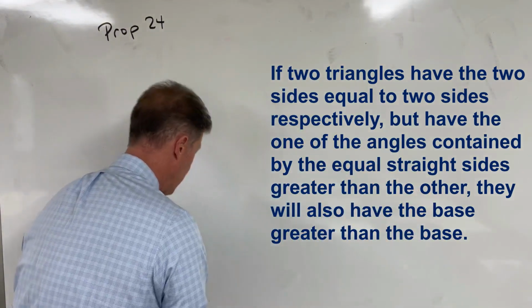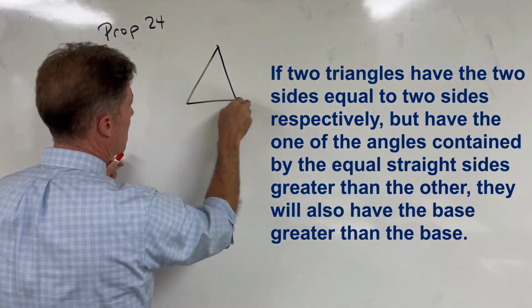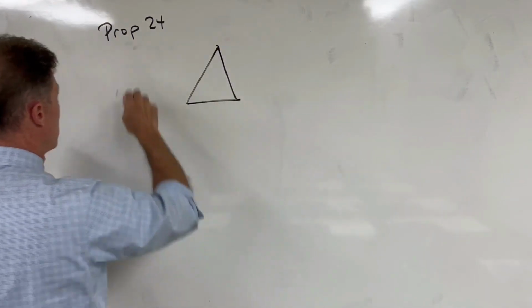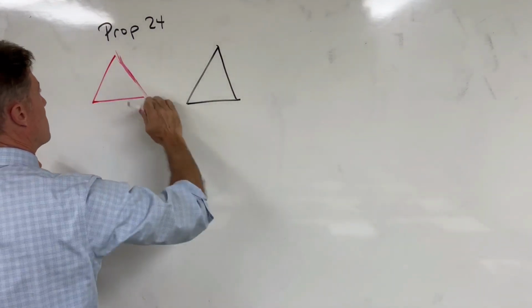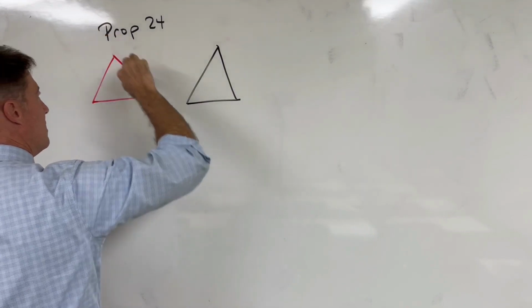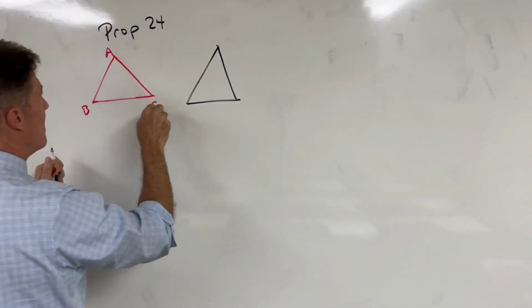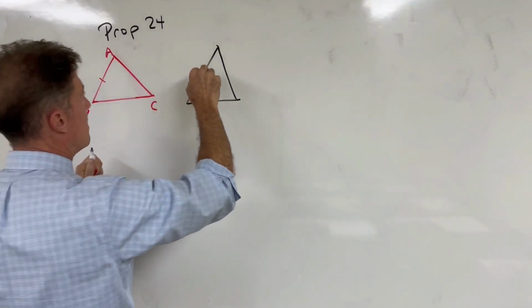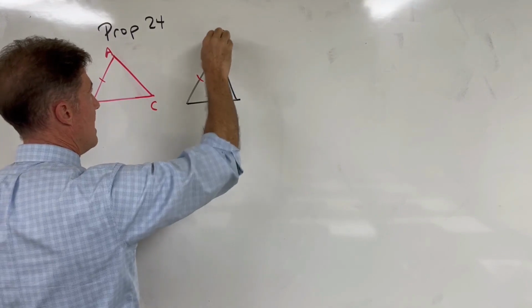So here's our givens. We have triangle... try to draw this where it's obviously containing a larger angle. So here's triangle ABC, and this side is equal to this side, and this is triangle DEF.